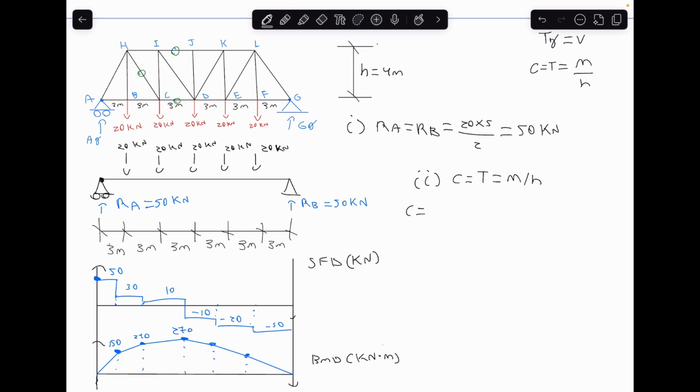All right, so C is equal to T, which is equal to 270 kilonewton meters divided by the truss height, which is 4 meters. 67.5 kilonewtons of axial force for the top and bottom chord in that location.